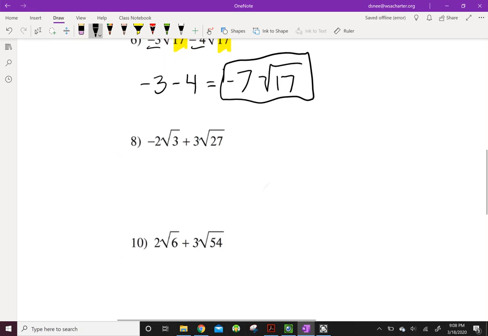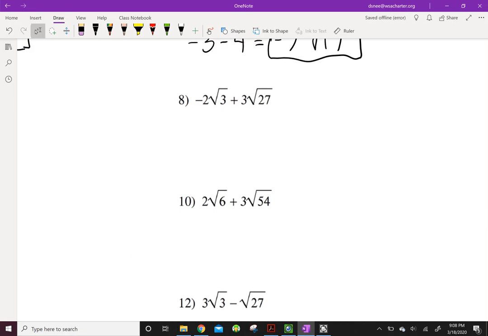Okay, now I'm going to do one more because on number 8, I can take some values out of this 27. Okay, I have to get my radicands to be the same, and they're not.